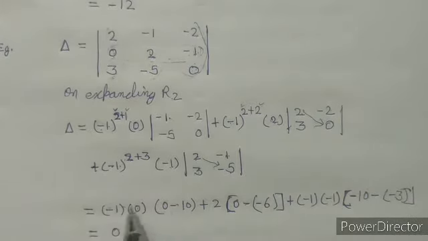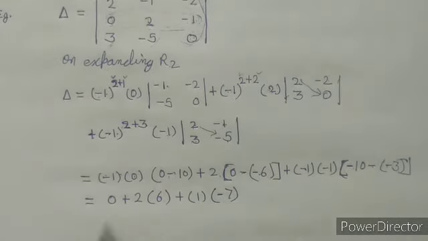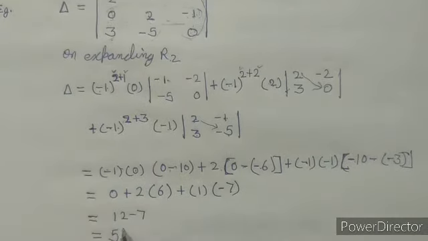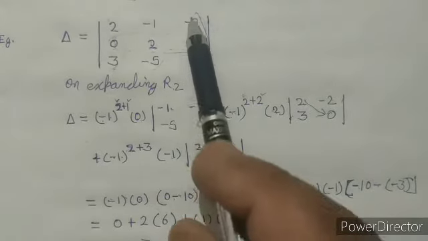Now 0 multiplied to any number will give us 0 plus 2 into 6, minus will be plus. Now -1 into -1 will be equal to 1 multiplied to -10 plus 3 will be equal to -7, and this will be equal to 12 minus 7, and so the value of delta or determinant will be equal to 5.